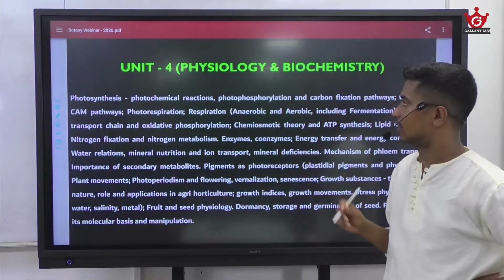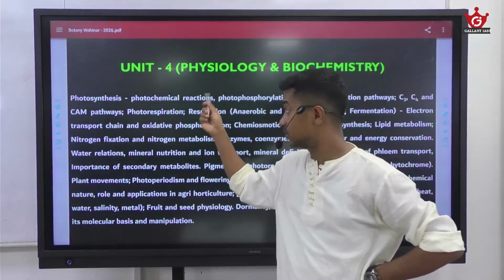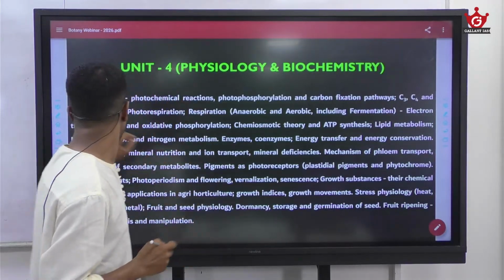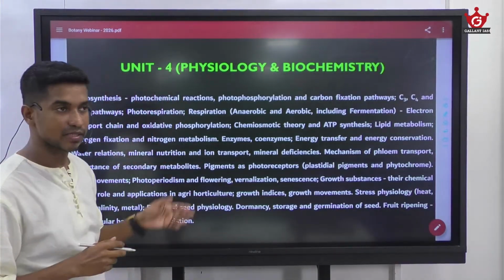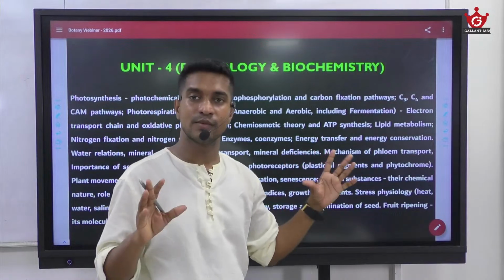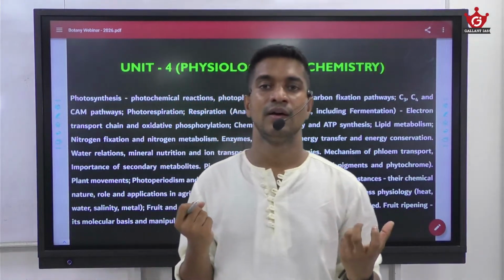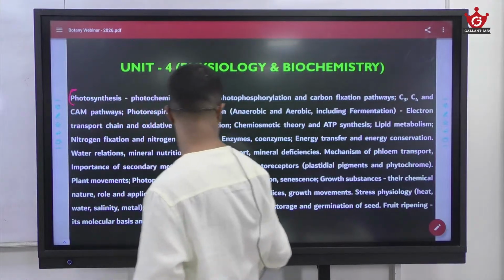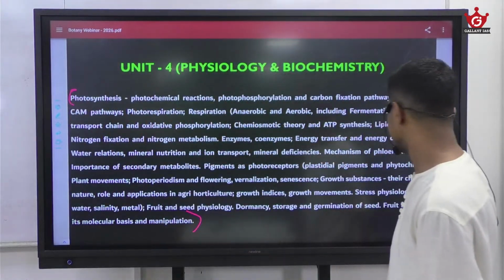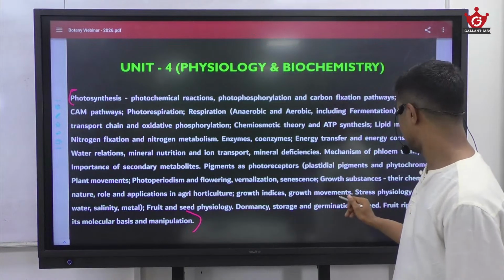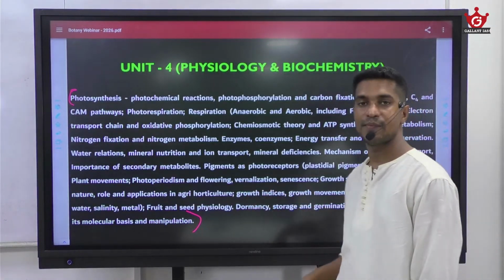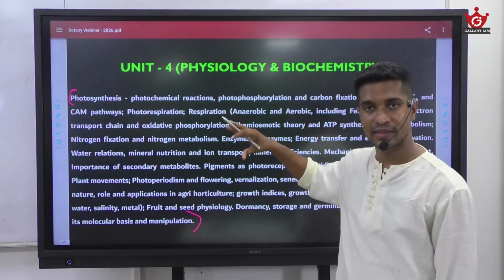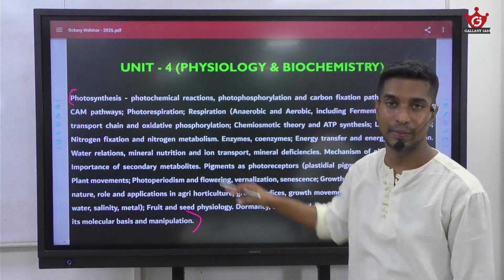And the second last unit, from paper 2, is physiology and biochemistry. This is the most important unit from paper 2, starting from photosynthesis and ending in fruit ripening, its molecular basis and manipulation. The entire set of topics mentioned in this unit 4 is important.